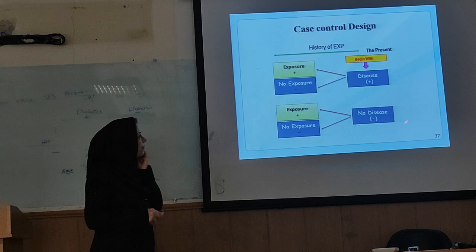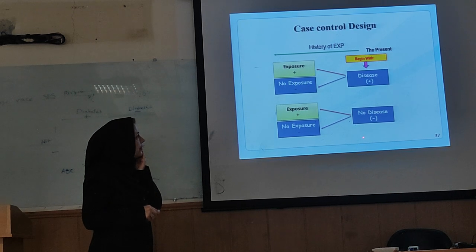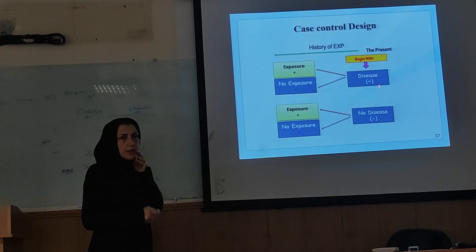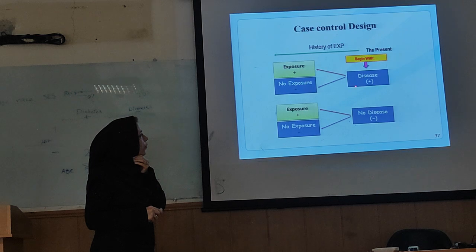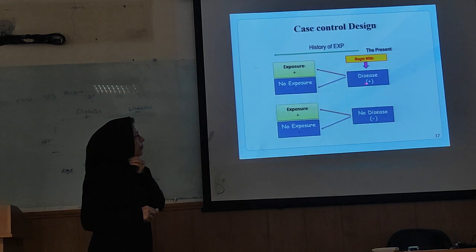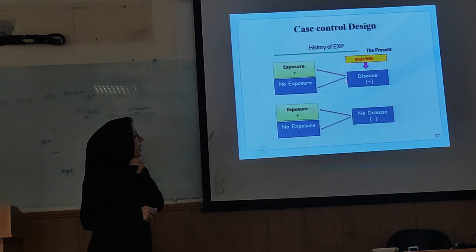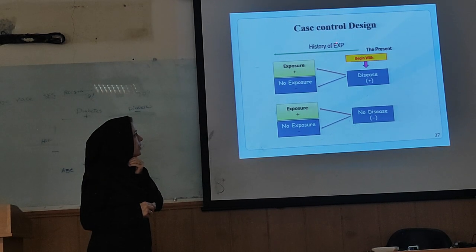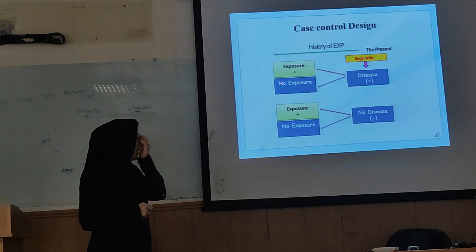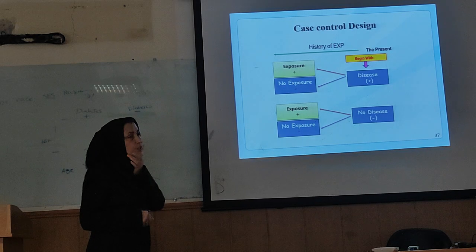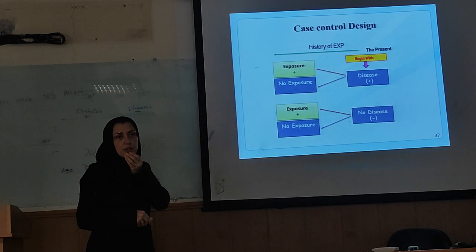In summary, we are here as researchers. We begin with some sick patients and some healthy patients, cases and controls, and we ask them about history of exposure. Some of them have exposure, some of them do not, and also for the healthy population.